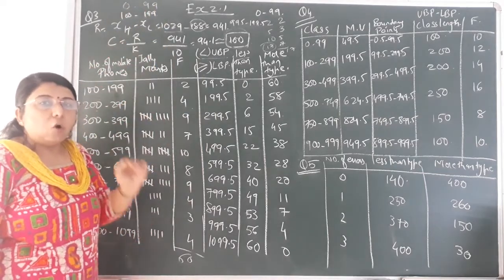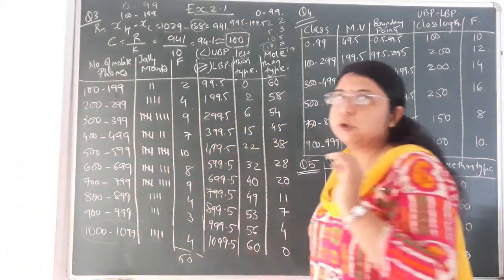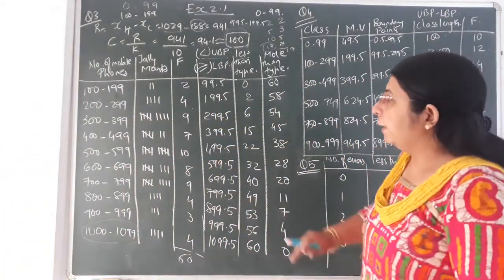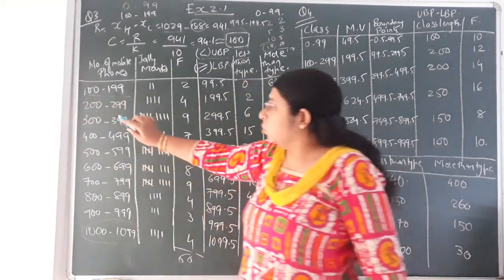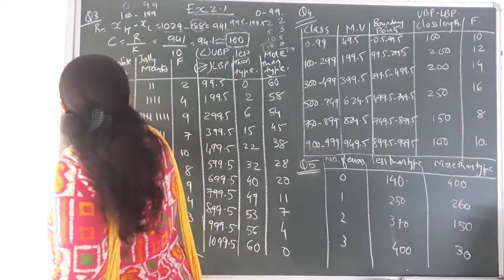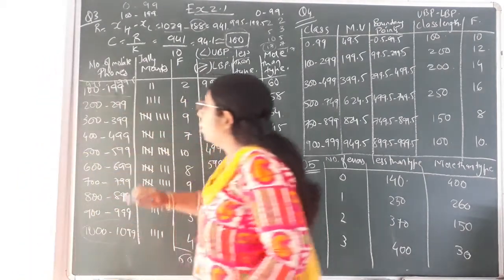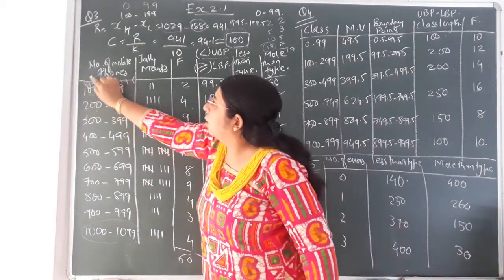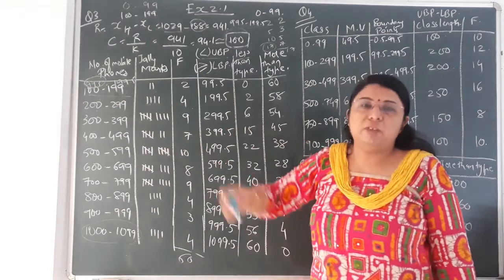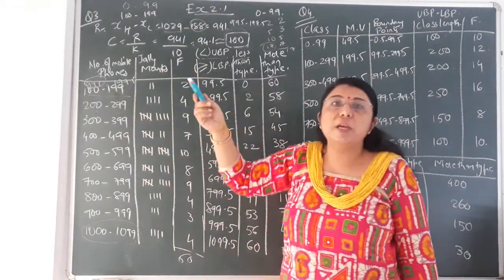So always make it clear that whenever you are finding less than type cumulative frequency, whatever class has been given to you, over here it is inclusive. The exclusive class of this would be 99.5 to 199.5. Always we have to take the first value as the upper limit of the previous class. Here it is the lower limit, but for the previous class it would become the upper limit.